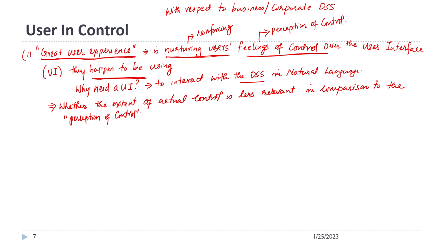Whether you are actually controlling it or not is a different story, but the most important thing is the perception of control. That is the more relevant part.